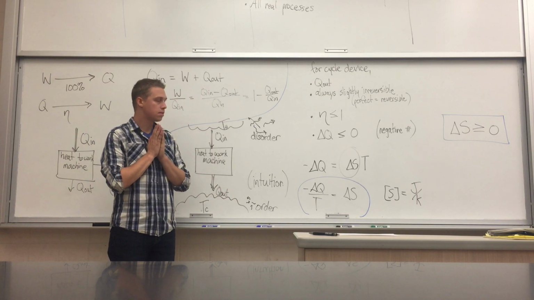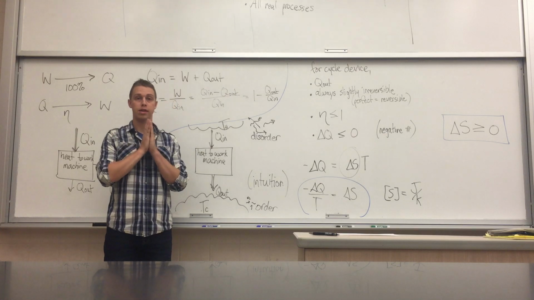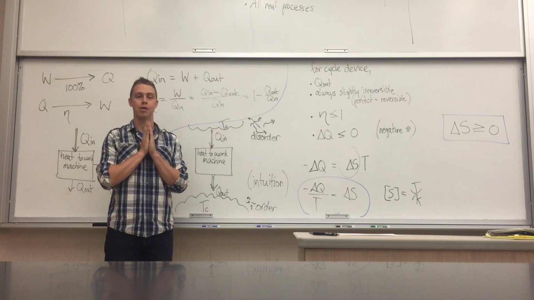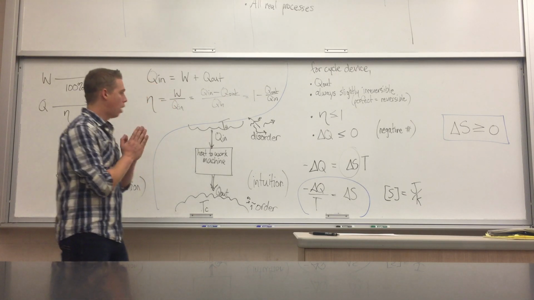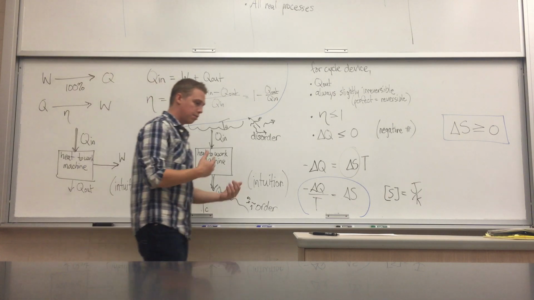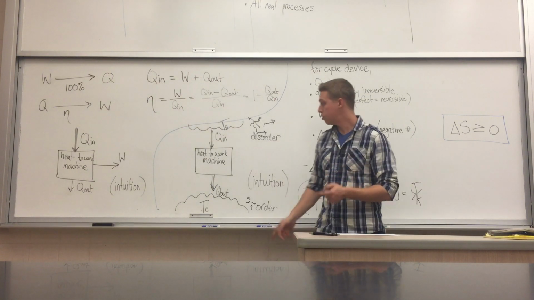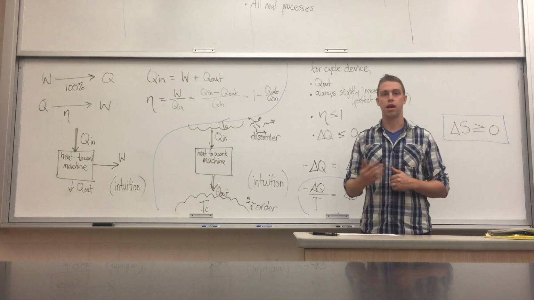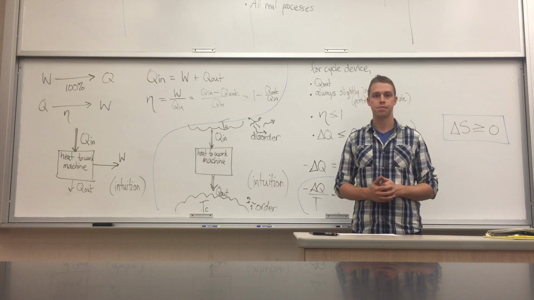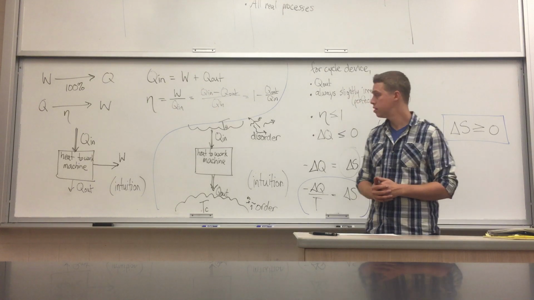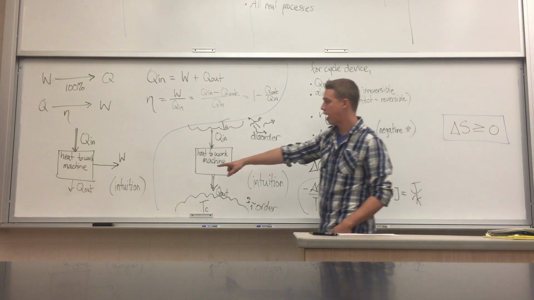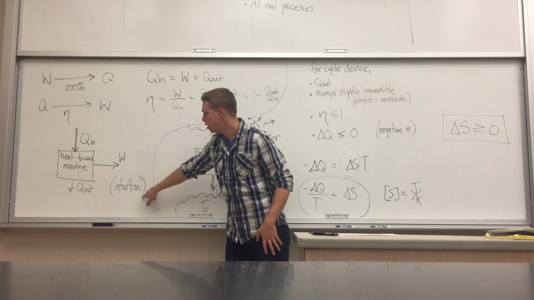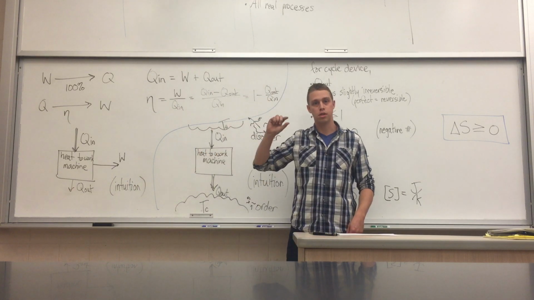Hopefully that makes sense. Let's write down the second law of thermodynamics. What I'm going to do is make you realize that those intuitions that we've had are the second law of thermodynamics. We just have to write them out. So the first intuition we had was that we needed to lose a little bit of heat.